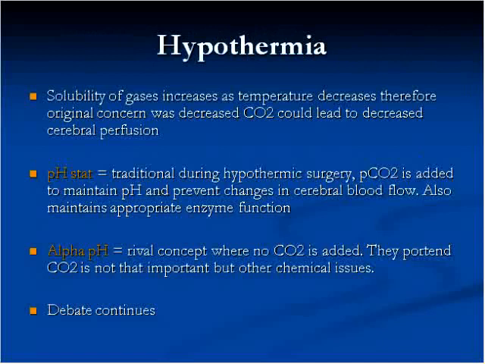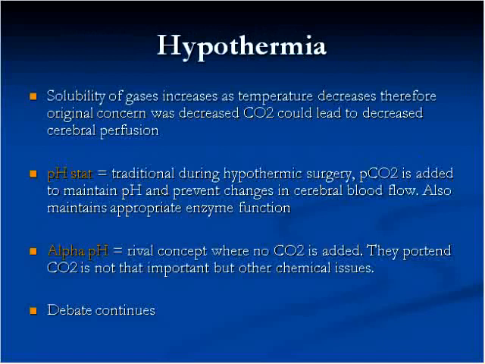With hypothermia, and this print may be a little small and hard to see, but I'll just read it for you. Solubility of gases increases as temperature decreases. That's actually one of the reasons why your PO2 changes when you cool the blood. In the operating room, we think more of hypothermia because of the hypothermia induced for cardiac arrest.